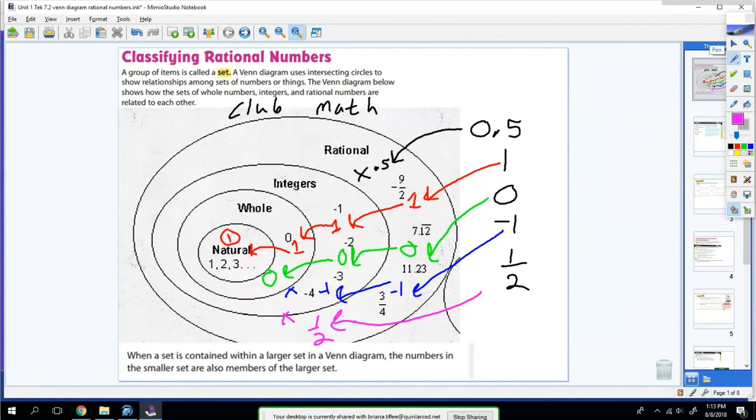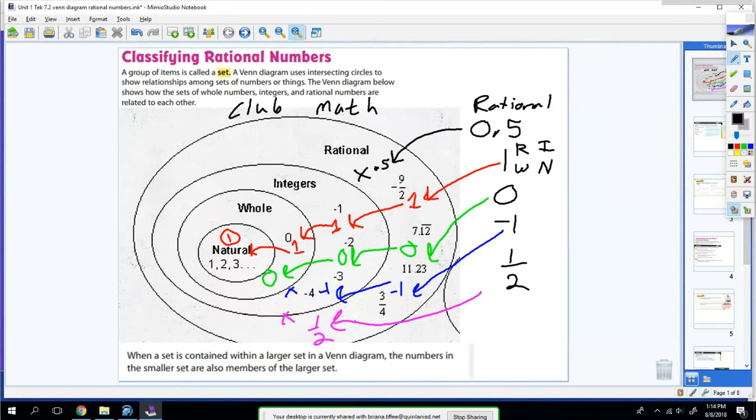So let's recap. 0.5 is only rational because it's a decimal. It can be nothing else. 1 is rational, so I'm going to put an R for rational. 1 is also an integer, 1 is also a whole number, and 1 is also natural.